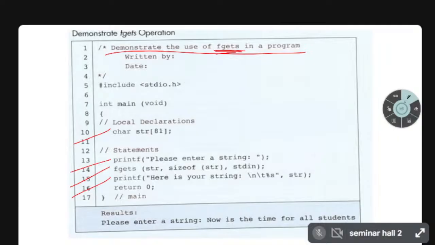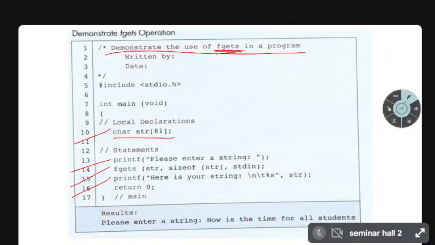Don't write all the statements, just whatever I have picked, the ticked ones. The rest we already know: hash include stdio.h, int main void, open and close the main block, return 0. Just char str of 81, printf, please enter a string, colon.